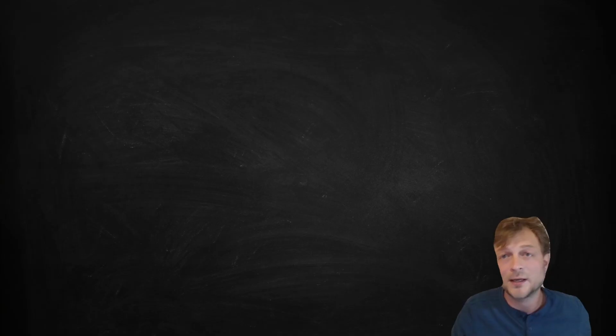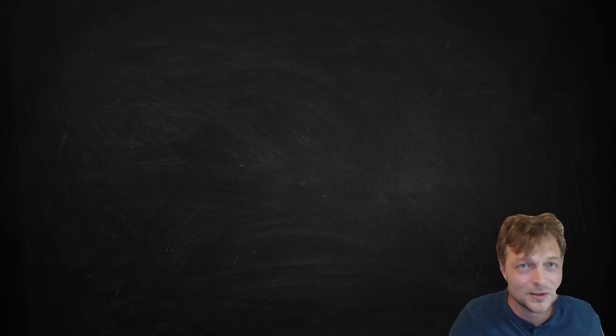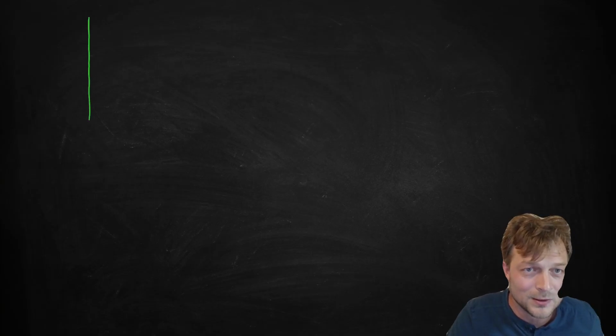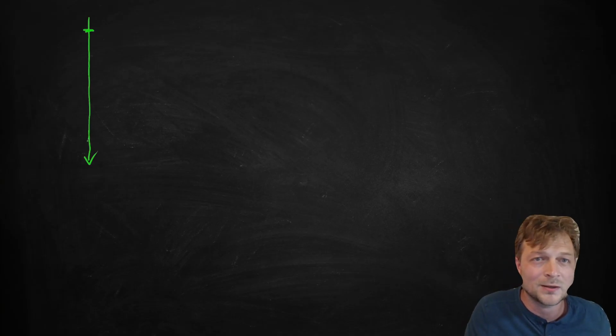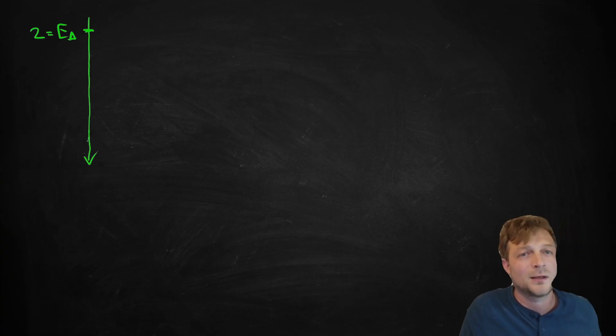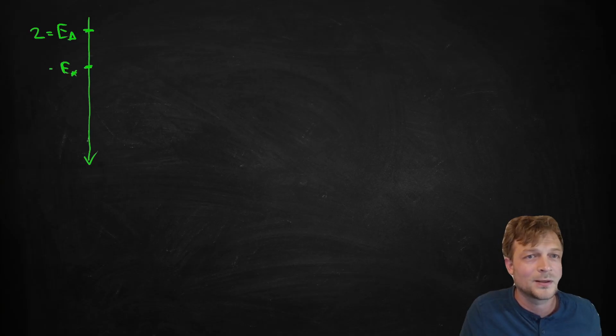The next slide will give another series of analogies, and I want to consider a scale and some levels here. This level will be E triangle. We use it to be equal to 2. Here will be E star, that's 1. Here we will put E plus, which is 0.